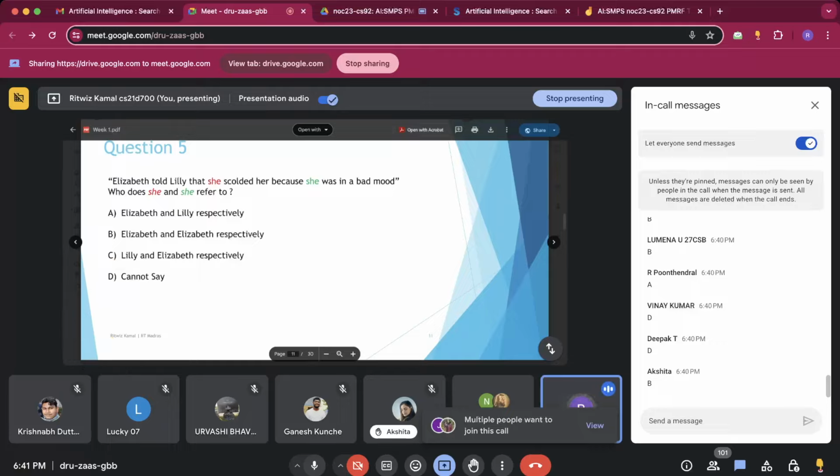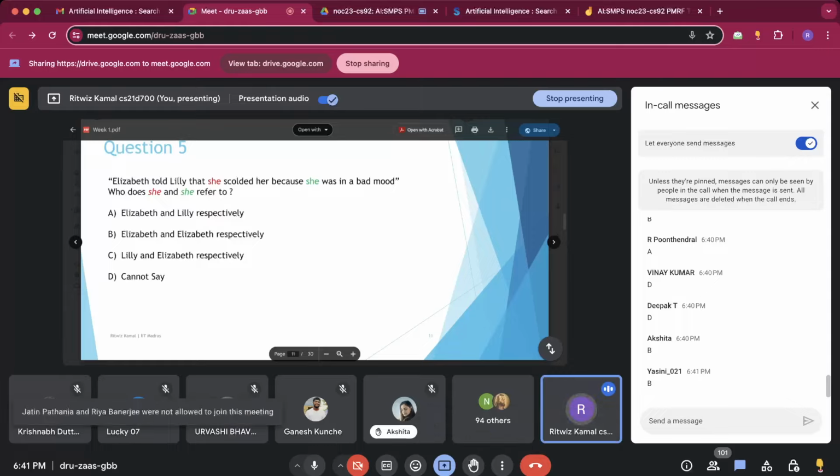Another interpretation could be: Elizabeth told Lily that Lily scolded Elizabeth because Lily was in a bad mood. In this case, Lily may not be a child, Lily may be a grown up individual, and it might be that Lily was in a bad mood and she just ended up scolding Elizabeth, without any reason.